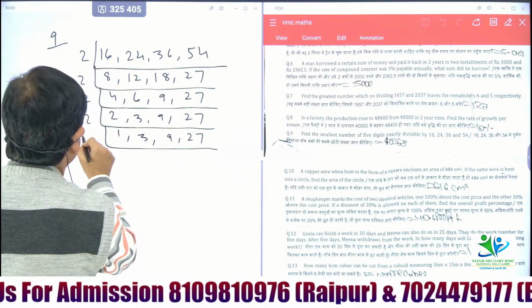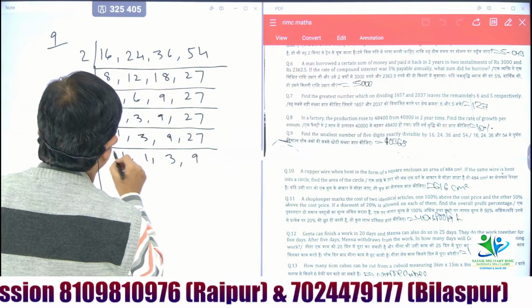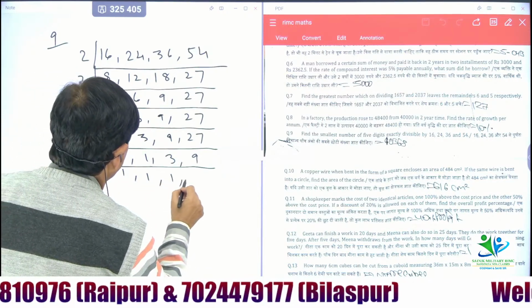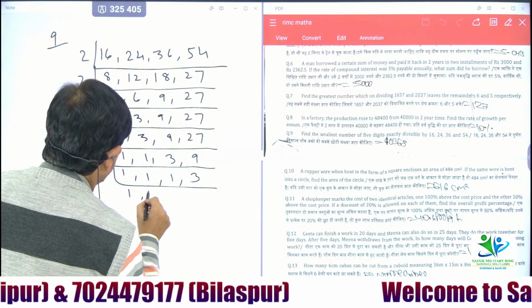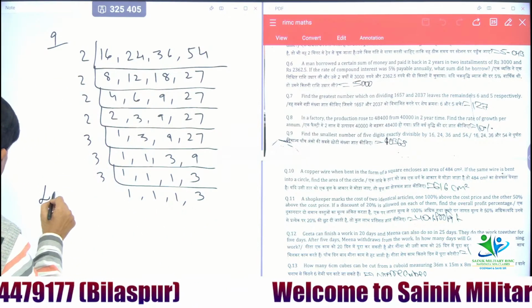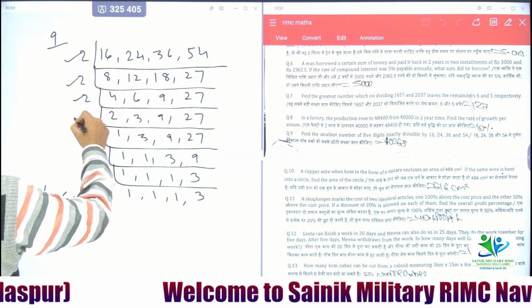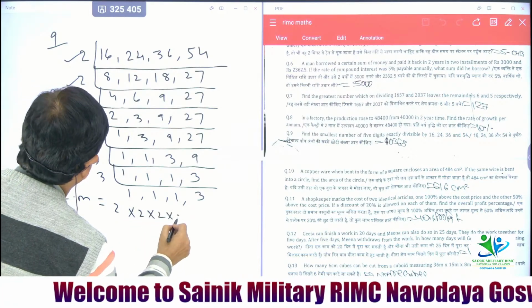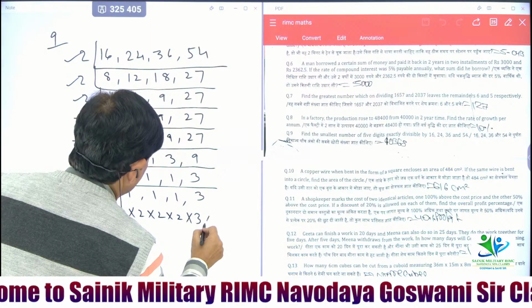Now take 3: 1, 1, 3, 9. Again 3: 1, 1, 1 and 3. Last 3: 1, 1, 1, 1. And the LCM is the product of these: 2, 4 times, and 3 again 4 times.